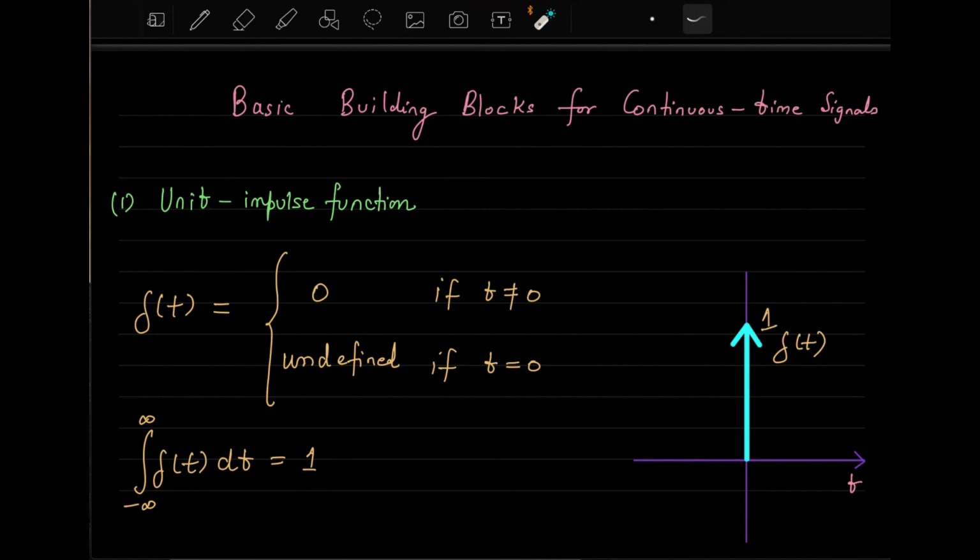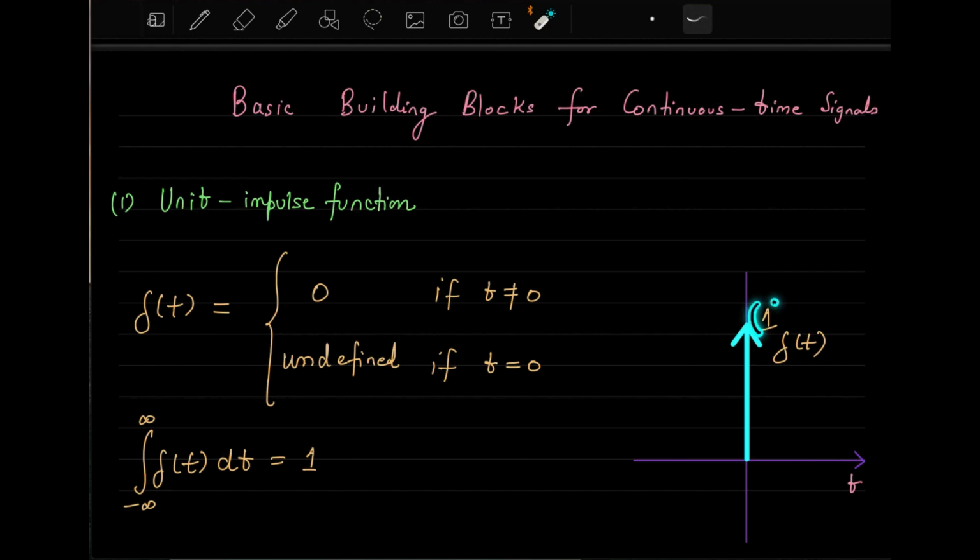This is important. If you plot this particular function on the time axis, it will look like this here. You can see that at time t equal to 0, its value is undefined, and it is given by this vertical line with an arrow. Note that the value given over here, which is 1, is actually the area of this unit impulse function.